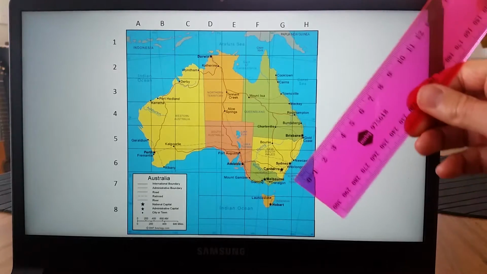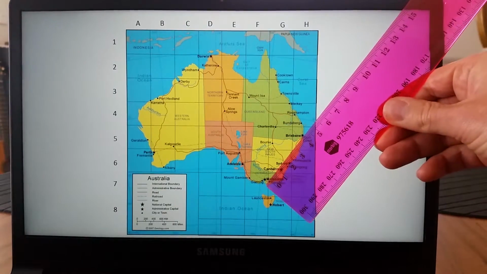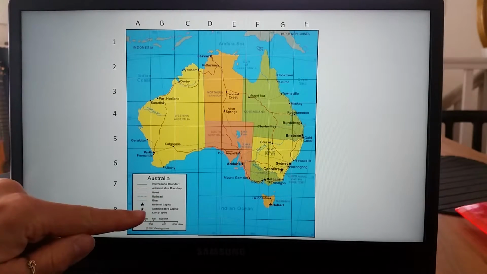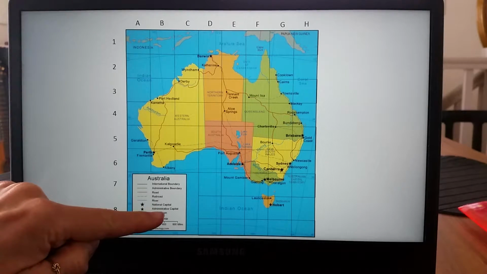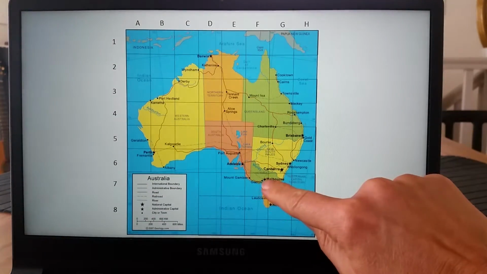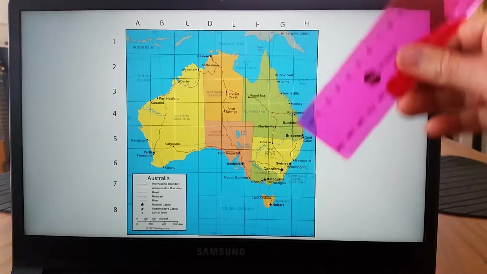So if I then place my ruler against the map, so we can see here, if we read the legend of the map, we've got stars that represent administrative capitals. So that star over there is Melbourne, and that star over there is Brisbane.